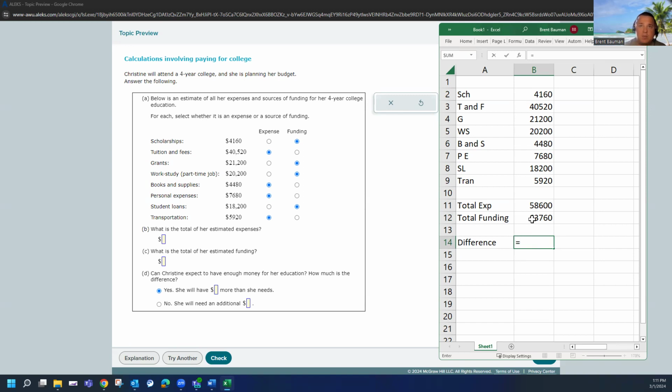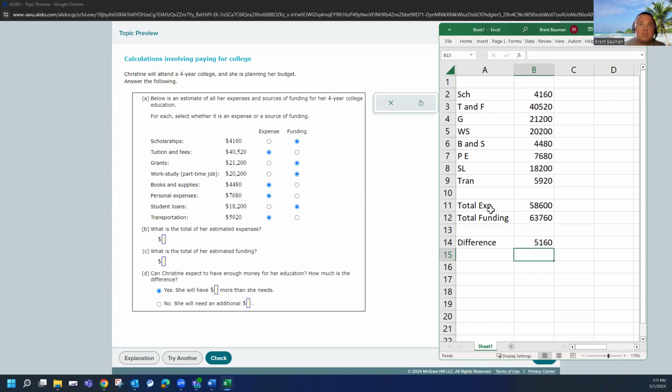So we're going to take how much funding we have and subtract off the expenses to get our difference. So we have our expenses, our funding, and the difference, it's positive. We have more funding than expenses. So yes, we can. And now we just need to fill in the rest of it.